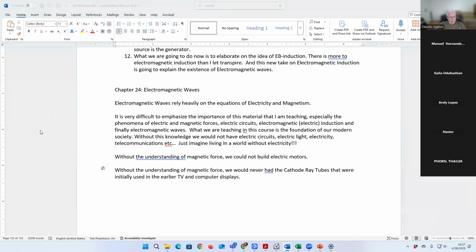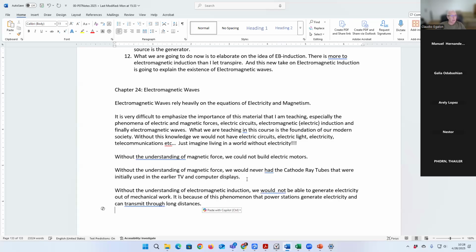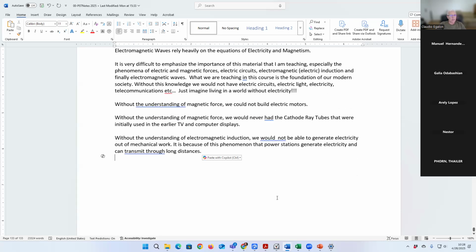Without the understanding of electromagnetic induction, I'm just emphasizing how important this is, we would not be able to generate electricity, AC electricity, AC current.